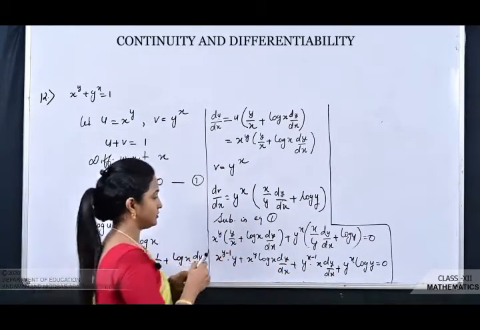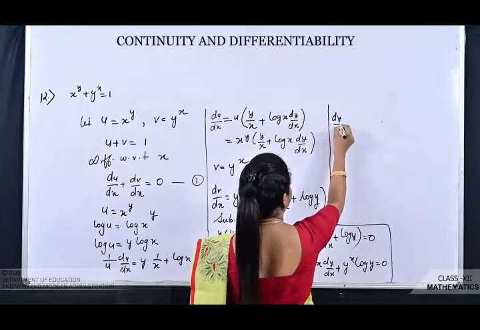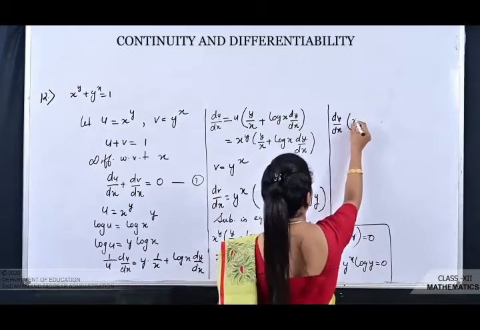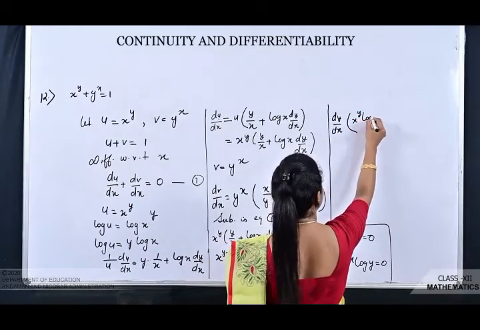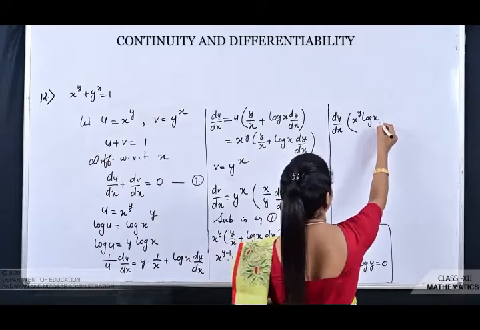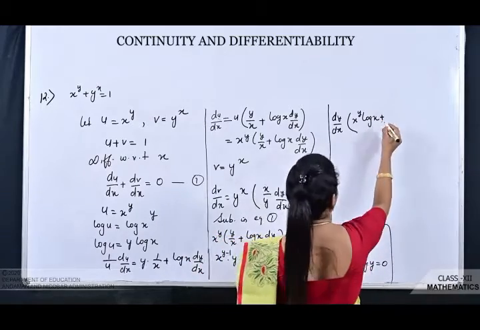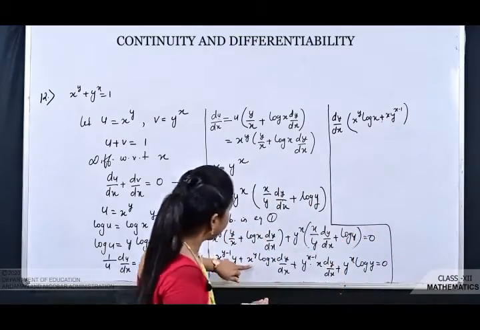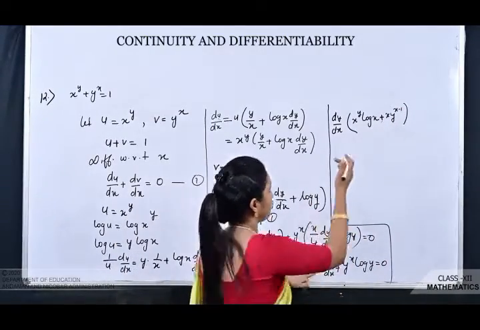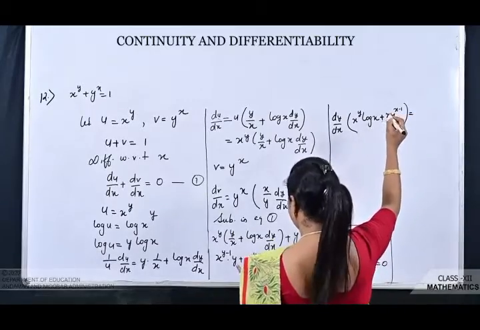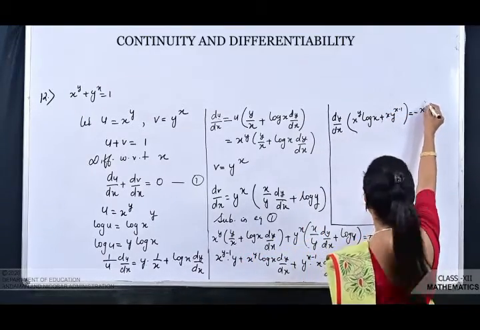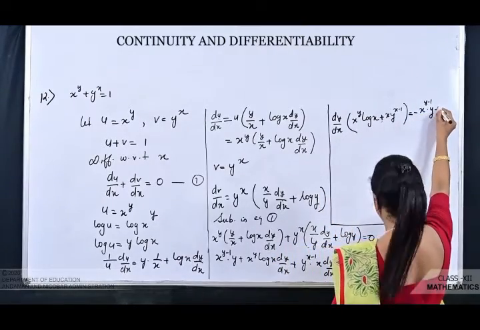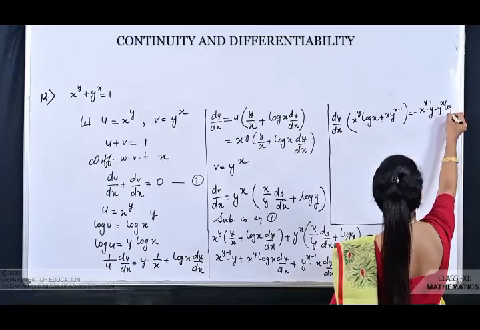Now this is not the answer. You have to take dy by dx common. When you take dy by dx common, you are going to get x to the power y log x plus x y to the power x minus 1. Okay, this one term will come and this one term will come, and the rest you take to this side. What will you get? Minus x to the power y minus 1 into y, and here it is minus y to the power x log y.